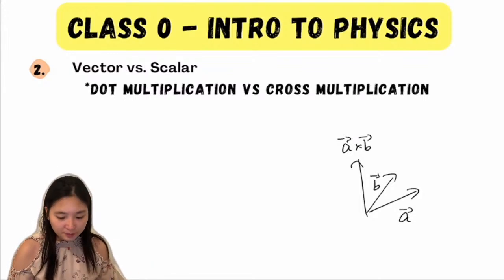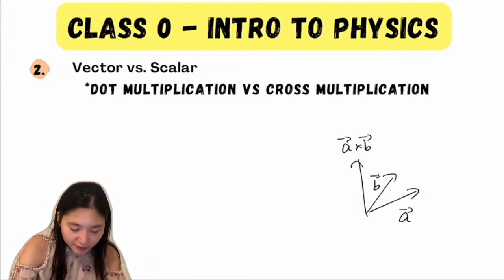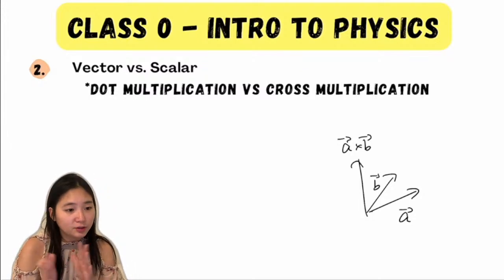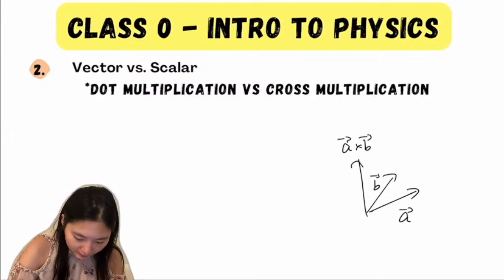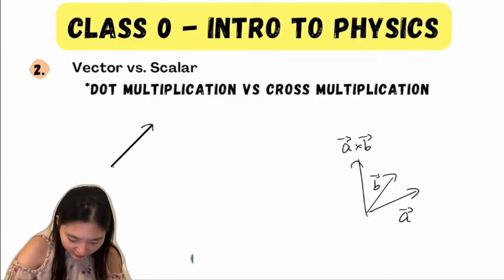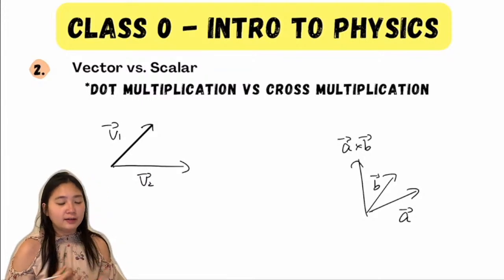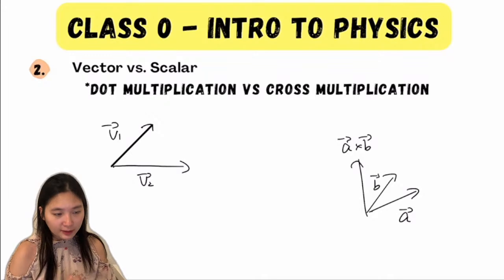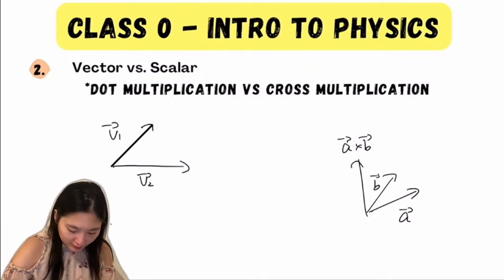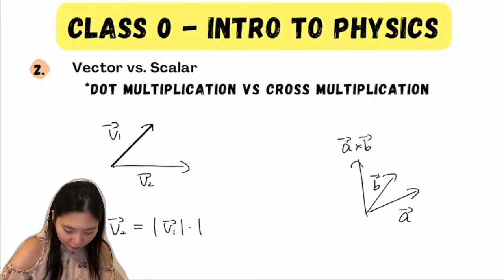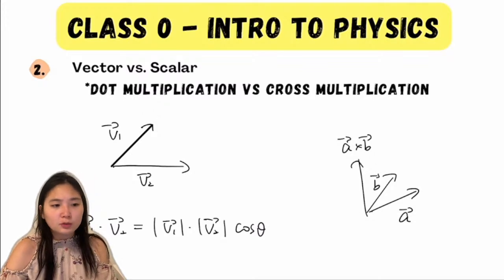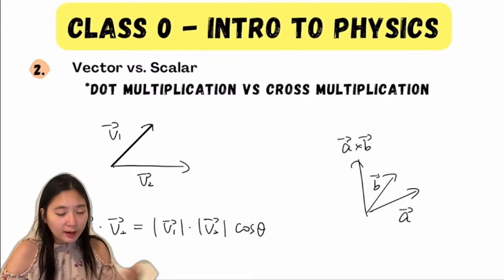So dot multiplication: again, there are two vectors, and let's assume that they're pointing in two separate directions. This is vector 1, this is vector 2. What it means by the dot multiplication is, vector 1 dot vector 2 is going to be the same as the magnitude of vector 1 times the magnitude of vector 2 times cosine theta. And what happens when you multiply a vector by the cosine theta?